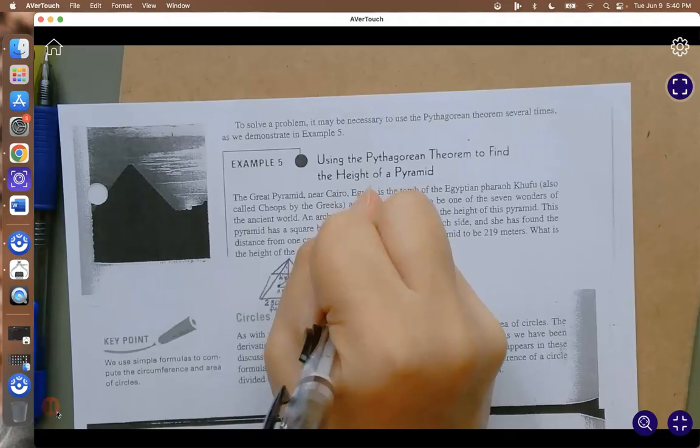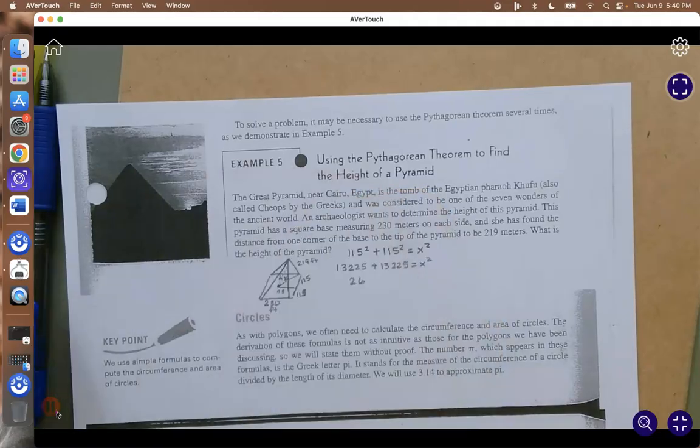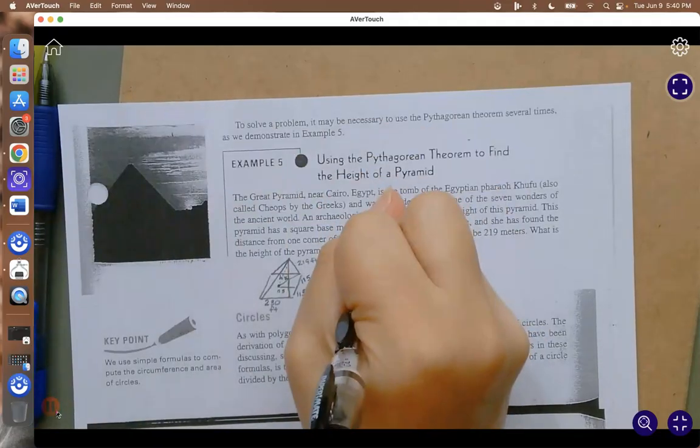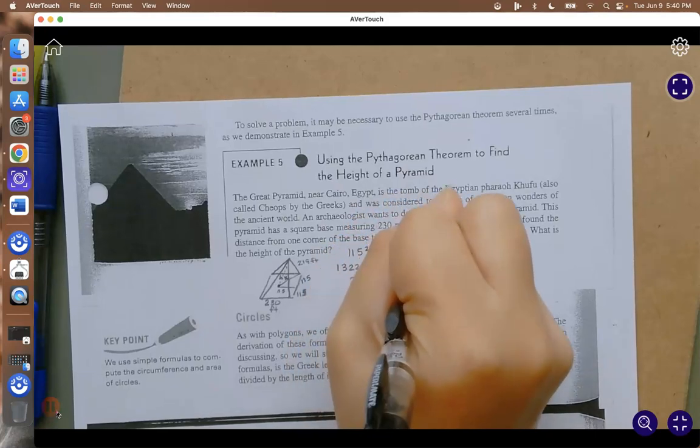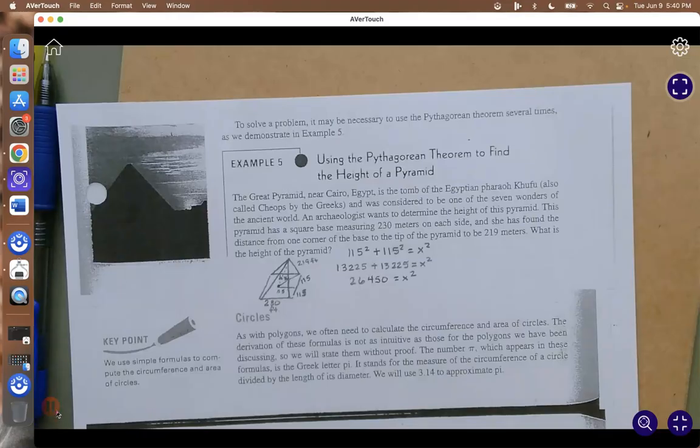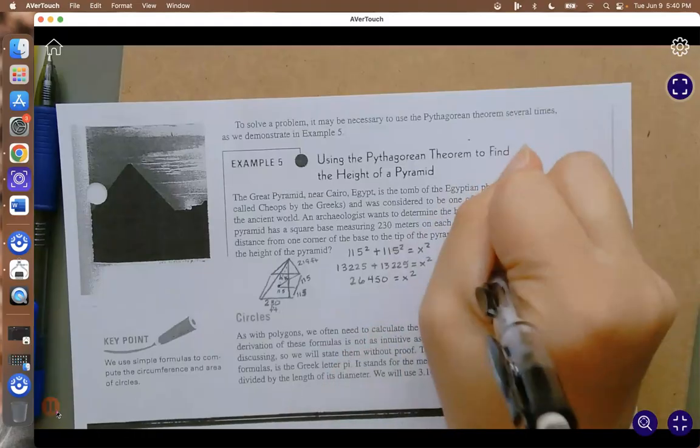So that means that this is going to be 26,450. When I take the square root of that, and I really don't need to, because watch what I'm doing.